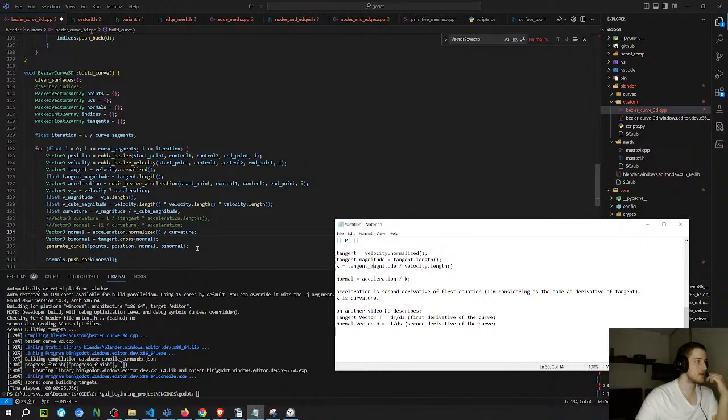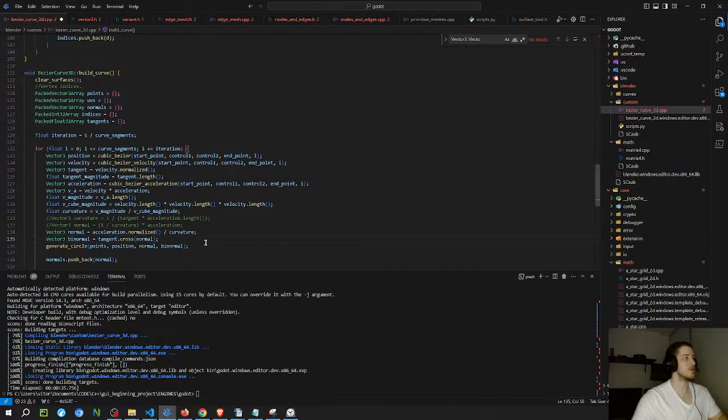But the problem is I don't think this is going to work because it doesn't change anything. I think the issue there is a question of direction, because the binormal and the normal are changing directions. So the question is how can I make the points only dependent on the plane?